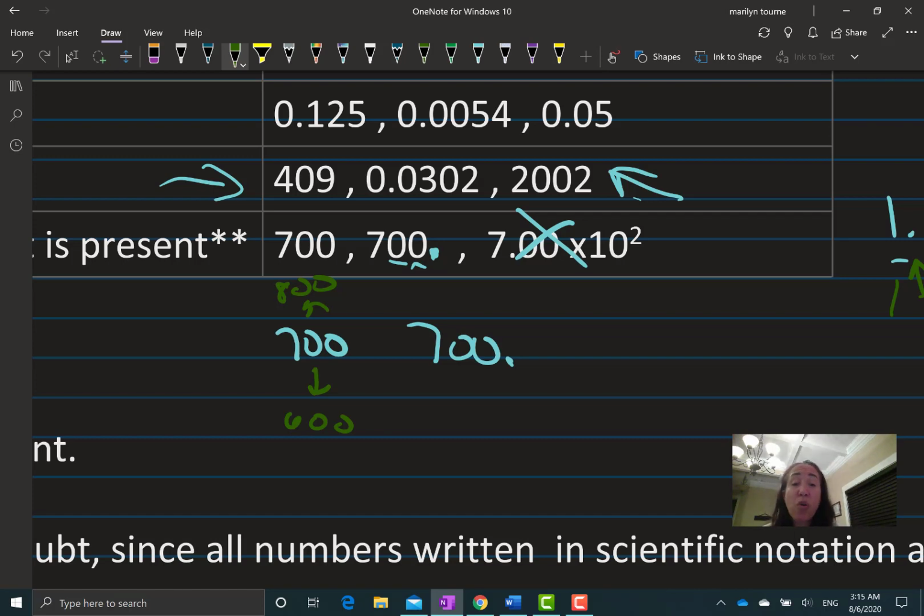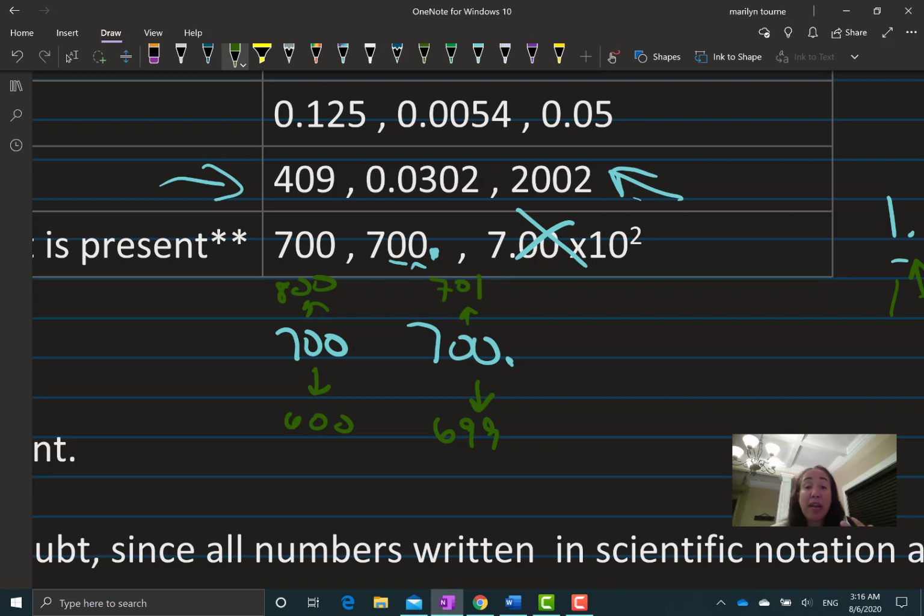If I go over here to the second example, the 700 plus a decimal place, now I'm telling you that my data point is closer to 700 than it is to 699, because where's that decimal place? That decimal place is in the ones place, right? So it's closer to 700 than it is to 699 or 701.